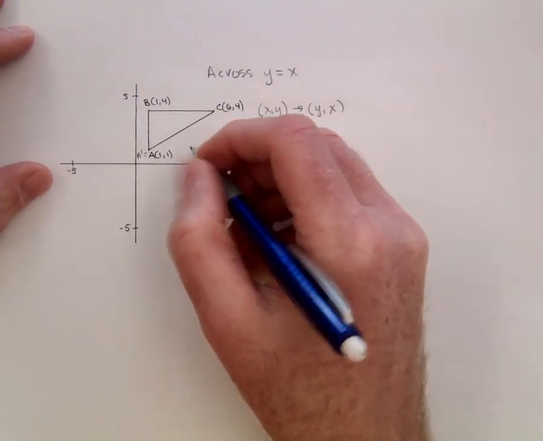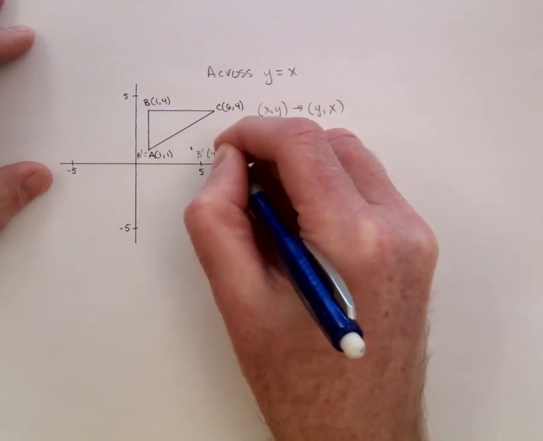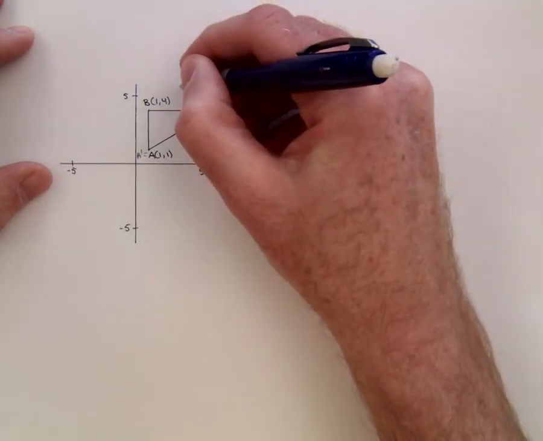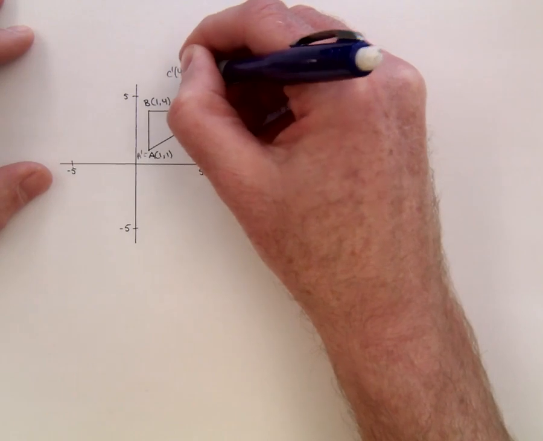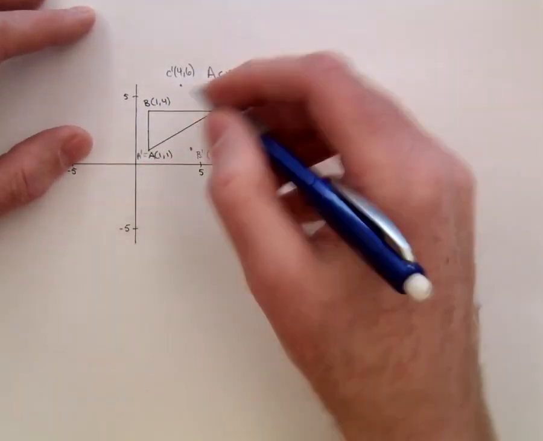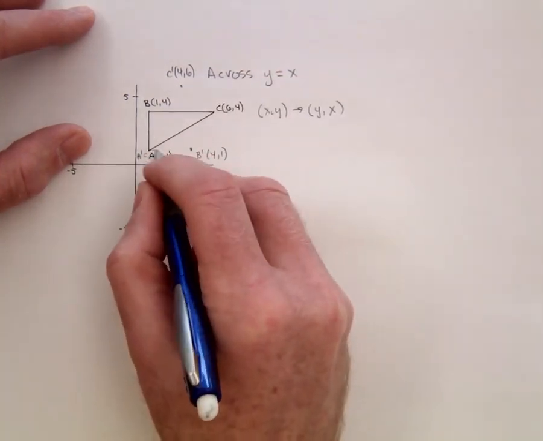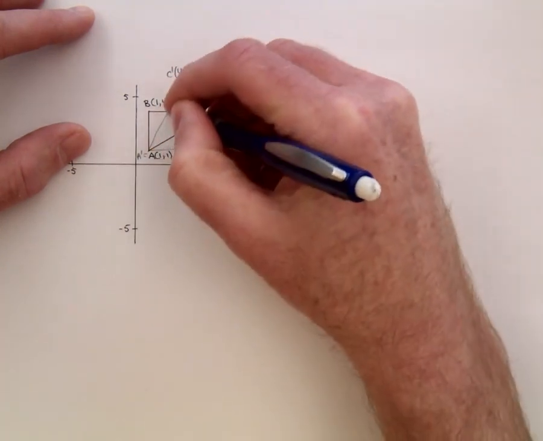B prime is going to be over here at 4, 1. And C prime is going to have to be then at 4, 6, which is roughly about here. And if I connect the dots, so to speak, I'm going to have something like that.